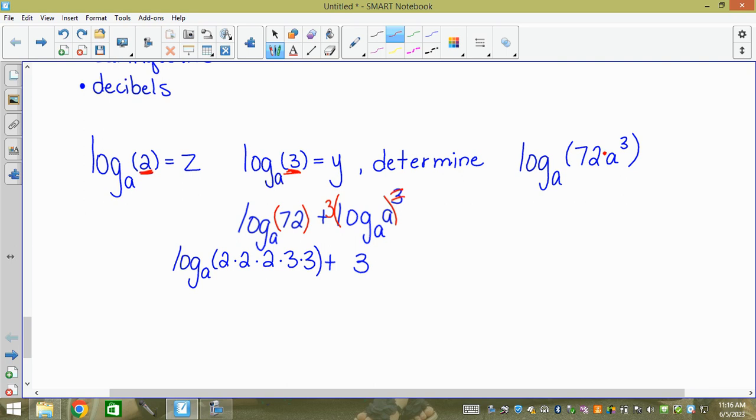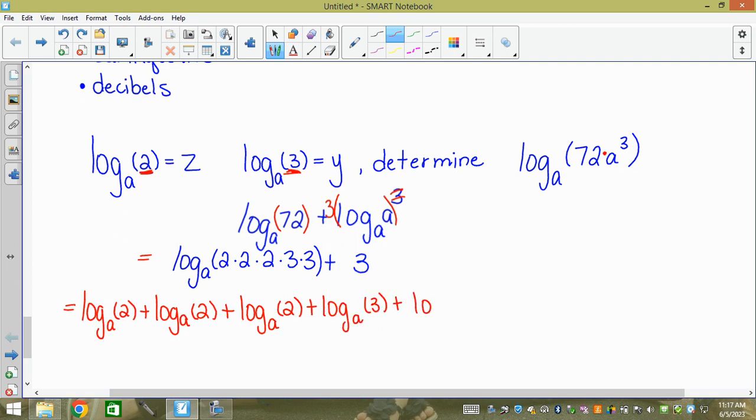Add them. So I get log base A of 2 plus log base A of 2 plus log base A of 2 plus log base A of 3 plus log base A of 3, and then just plus the number 3, right? What can I replace log base A of 2's with?